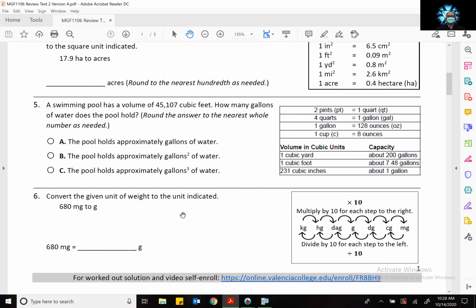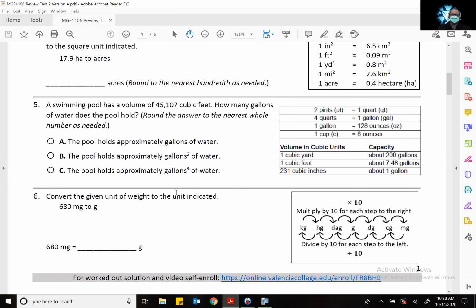Notice down below, there are two parts to this question. One, how many gallons is it, and 2, which one of these is the label.